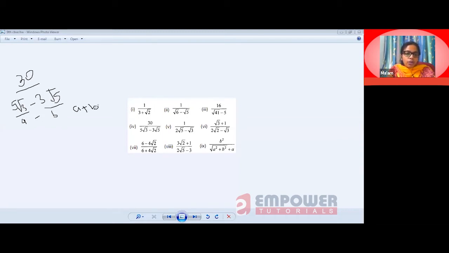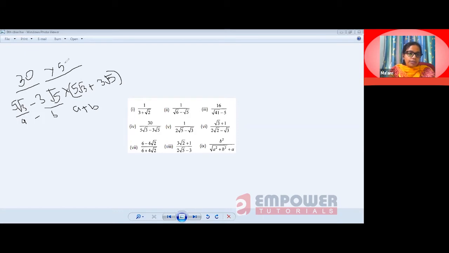Those who haven't solved this, try to solve this problem right now with me. So the conjugate pair of this must be A plus B, that is 5 root 3 plus 3 root 5, right? I will multiply this to the numerator as well as to the denominator.